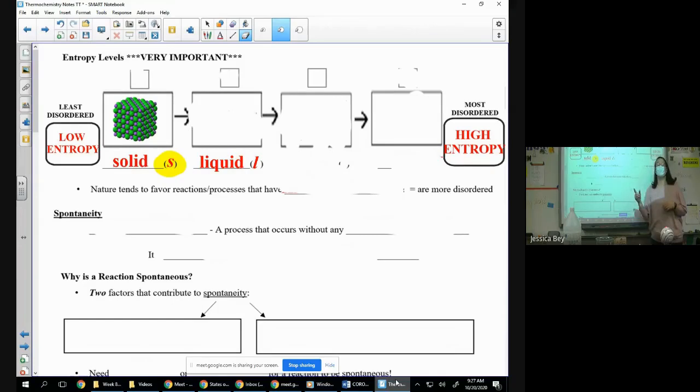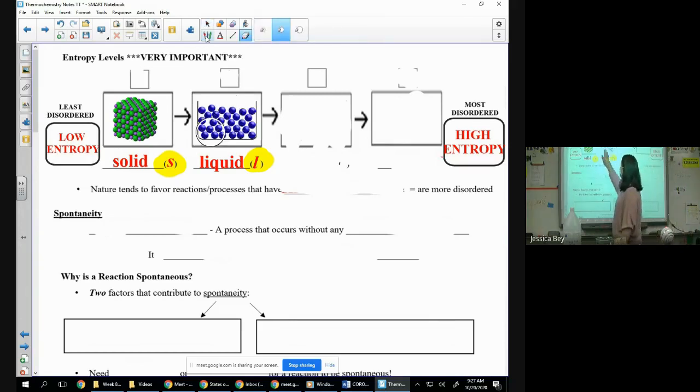You will know in a chemical reaction if it's a liquid because it will have a little L next to it instead. In the little box, I drew a little container and then some dots. Now they're close together, okay? They're just not lined up. They're not super organized.